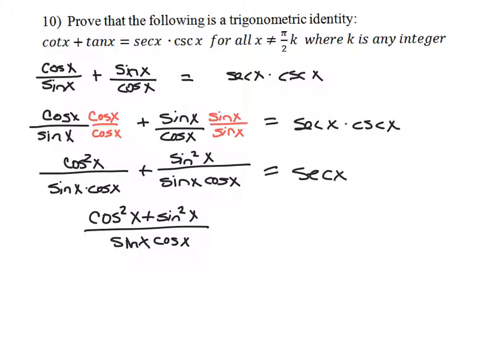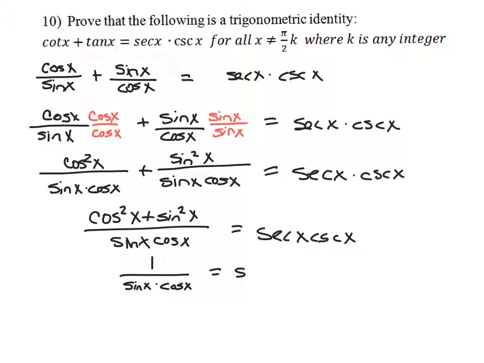I just want to see if I can get the left side and the right side to match each other. Now, did you notice anything on the left side that looks familiar? Should we replace that cosine squared plus sine squared? I know, of course, that that's the Pythagorean identity, so that's 1 over sine of x cosine of x.